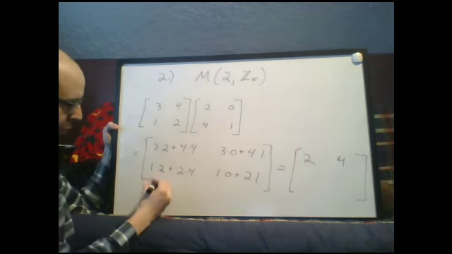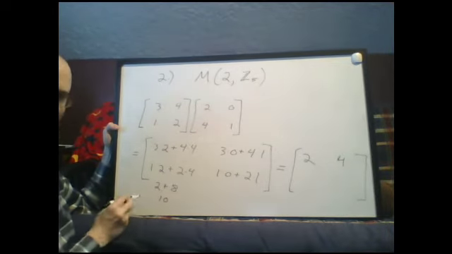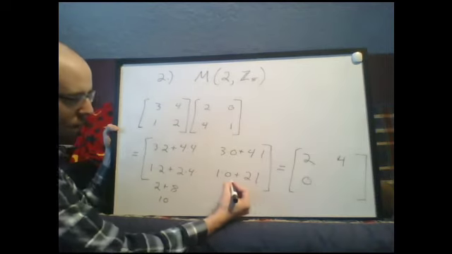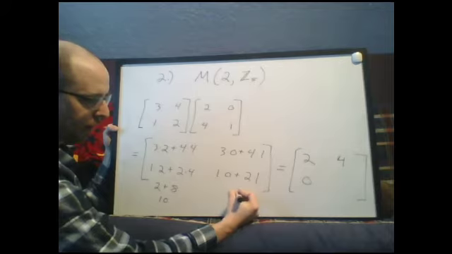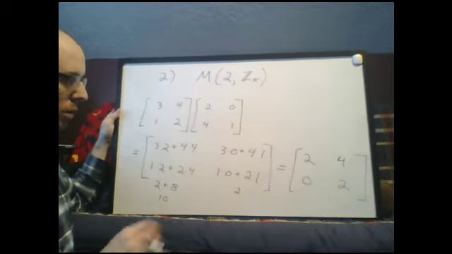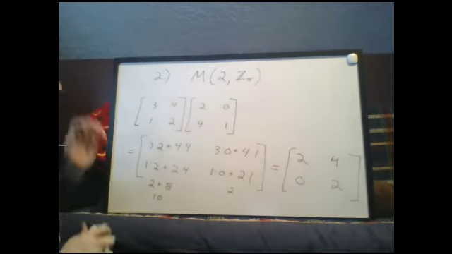Then we've got 2 plus 8. That's 10, and 10 mod 5 is 0. And we've got 0 plus 2, 2 mod 5 is still 2. So our simplified matrix then is [2, 4; 0, 2].